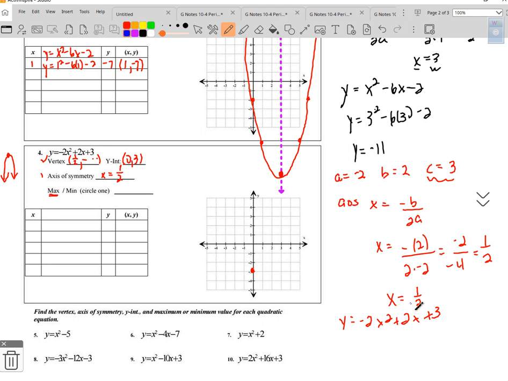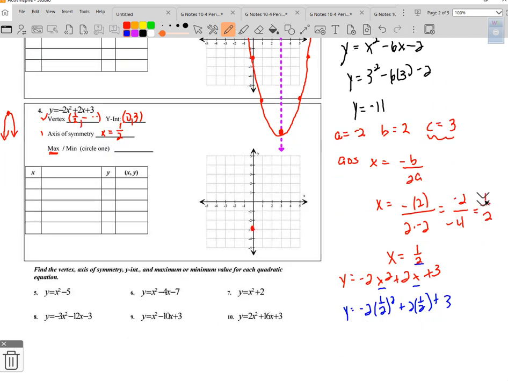Everywhere there's an x, we're going to plug in 1/2, so here and here. Y equals negative 2 times 1/2 squared plus 2 times 1/2 plus 3. You can convert that to a decimal, or you can use the ABC buttons on your calculator.